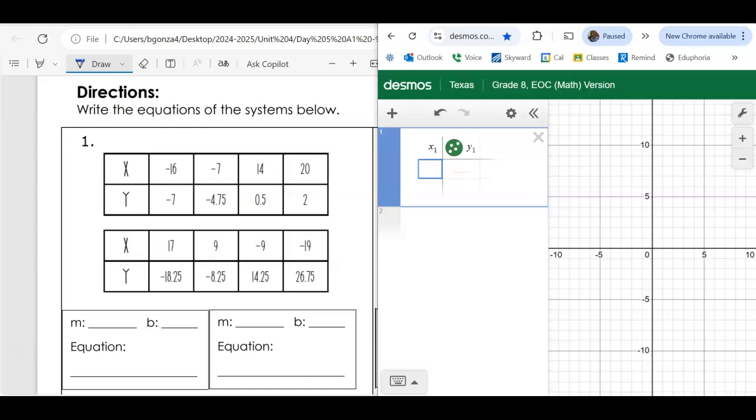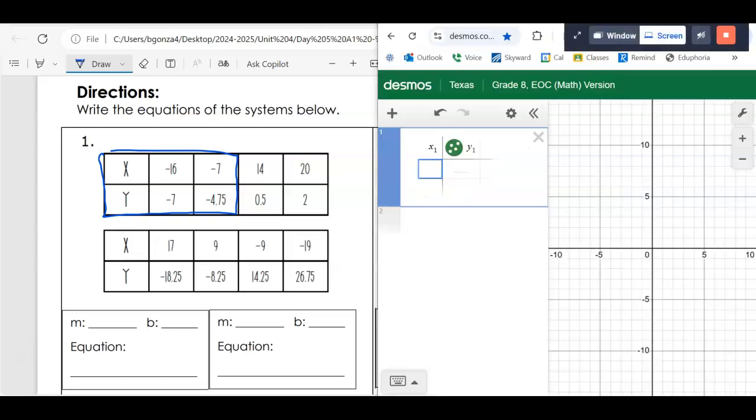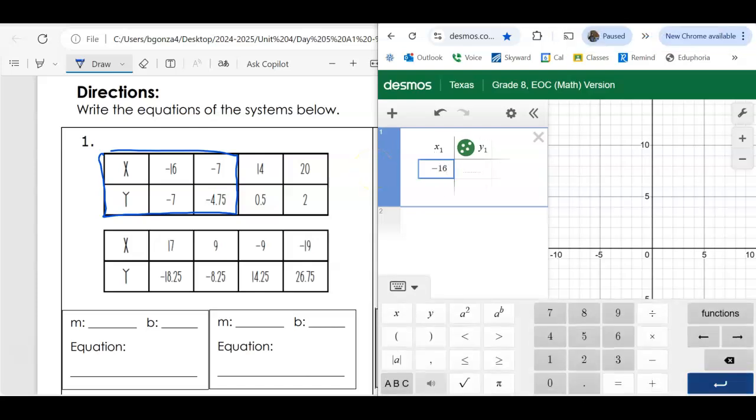If you know it's linear, then you only have to use 2 points. So I know it's kind of weird that this table is sideways, but I'm only going to use the boxed information, 2 points. And remember, each row is going to match each column. First row matches first column. So this first row of x, negative 16, negative 7, I'm going to type it right here. And then the second row, negative 7, negative 4.75.